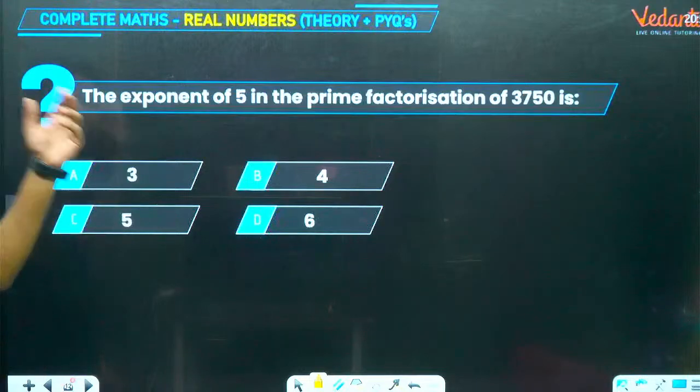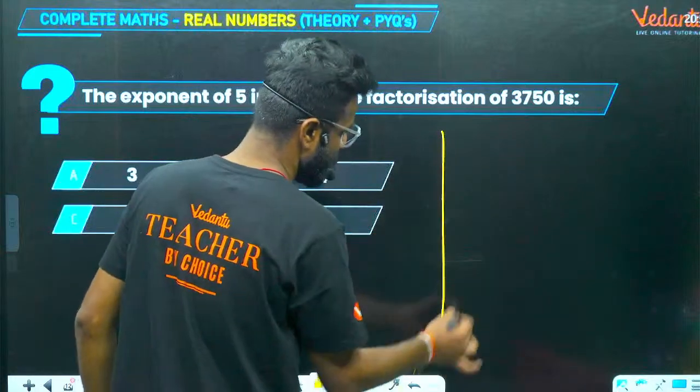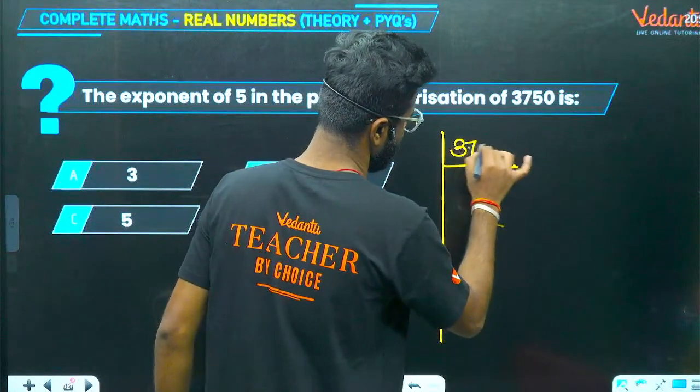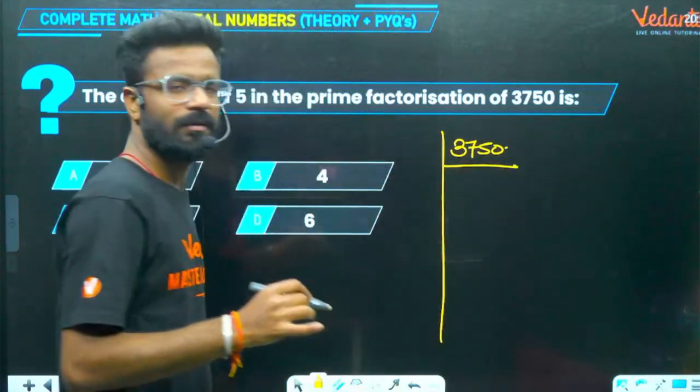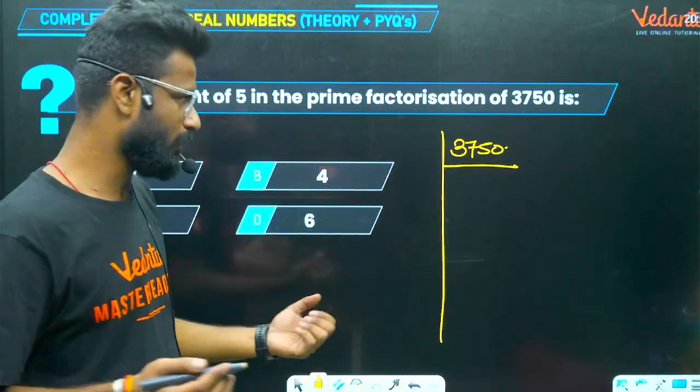The exponent of 5 in the prime factorization of 3750. We have to find the prime factors of 3750 by applying the prime factorization method.